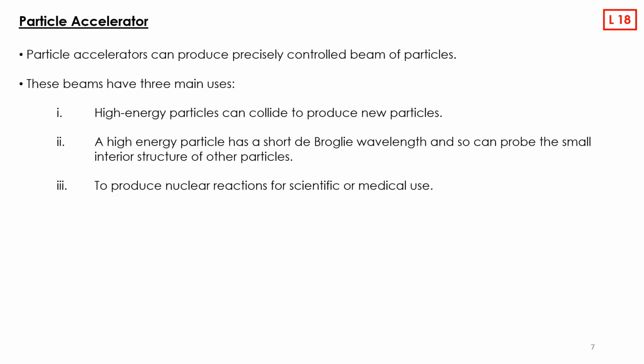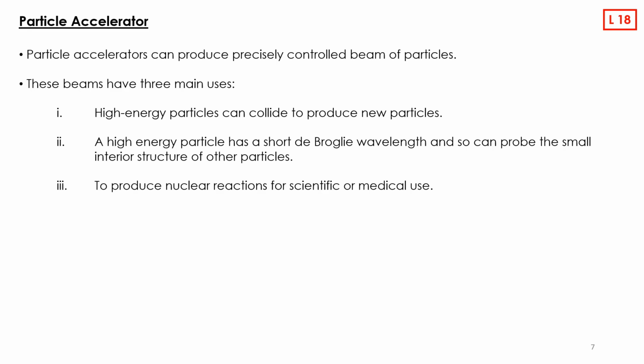Particle accelerators use electric and magnetic fields to accelerate and guide beams of charged particles. They can produce precisely controlled beams of particles in that manner, and these beams have three main uses. First, high energy particles can collide to produce new particles.